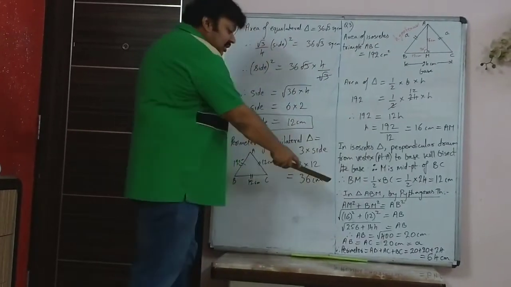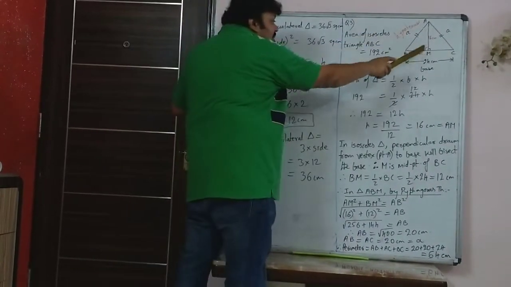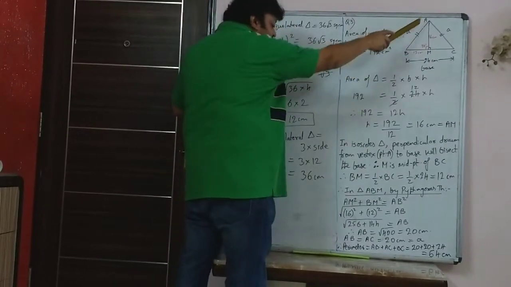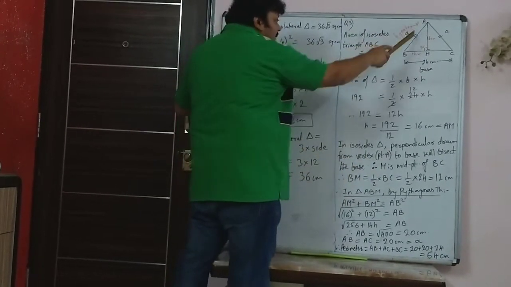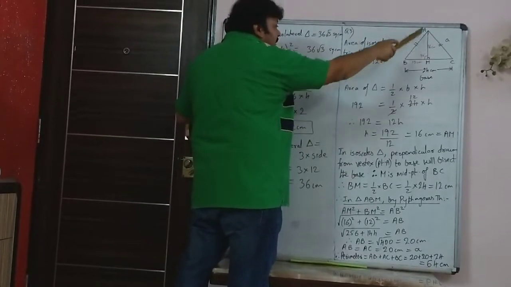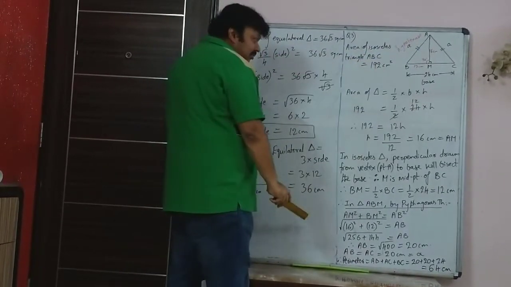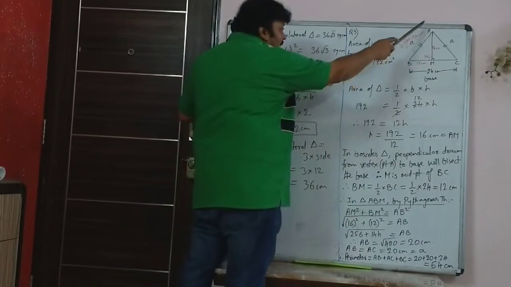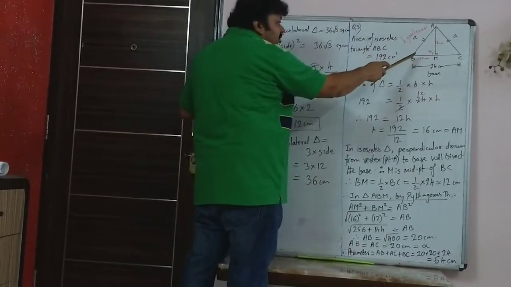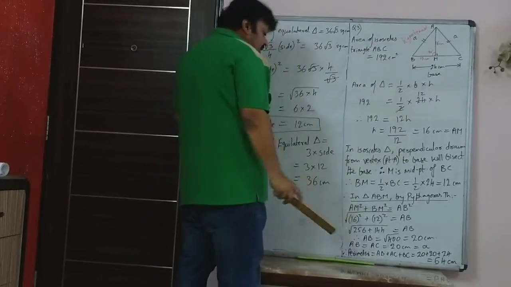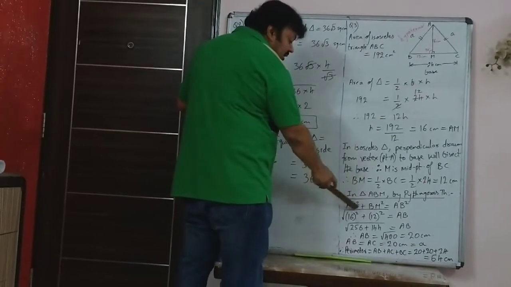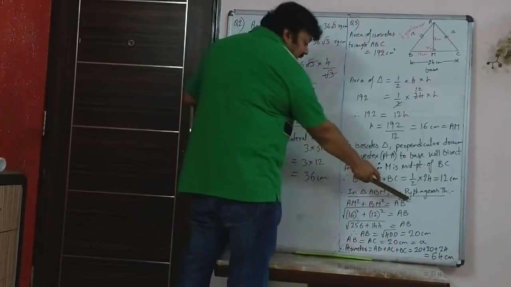So that is what is written here, that AM squared plus BM squared is equal to AB squared. That is using Pythagoras theorem in triangle ABM. So therefore we can say that 16 squared plus 12 squared is AB squared. So you can write 16 squared plus 12 squared, under root of that will be AB.